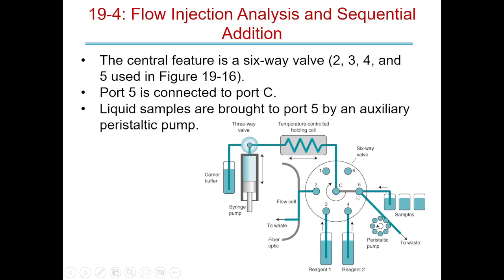So port 5 here is actually where you get your sample coming in, and that's your port C right here. Okay. So liquid samples are brought to port 5 by an auxiliary peristaltic pump. So you've got your pump working here to move things into port 5.